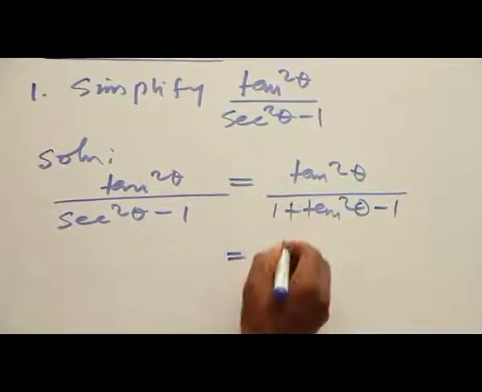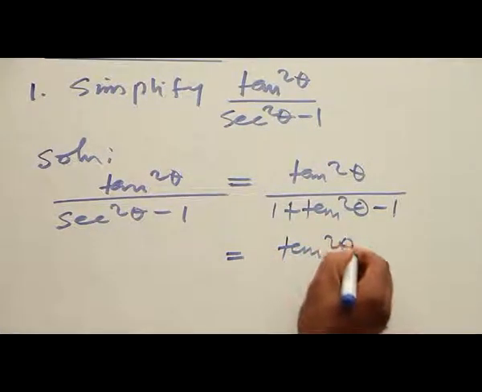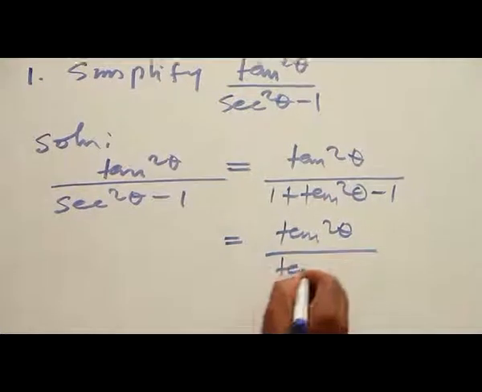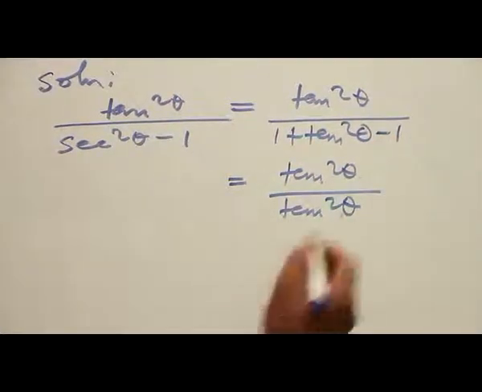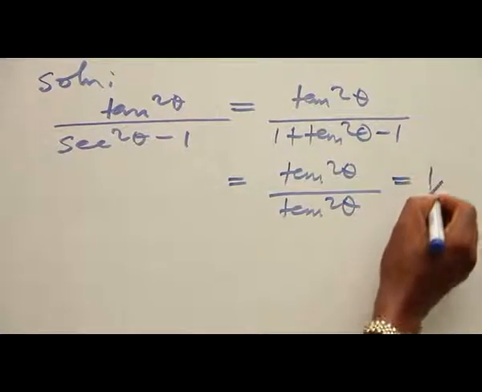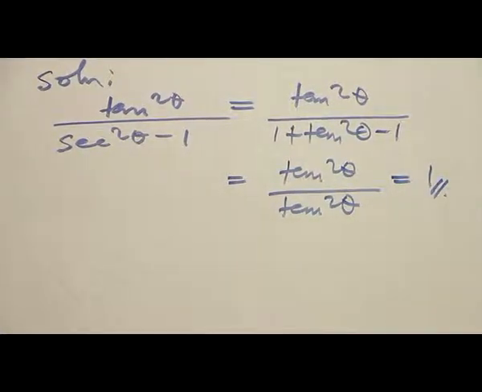Now this will give you tan squared theta all over tan squared theta, because 1 minus 1 is 0, and the result of this is 1. So the answer to that problem is 1.